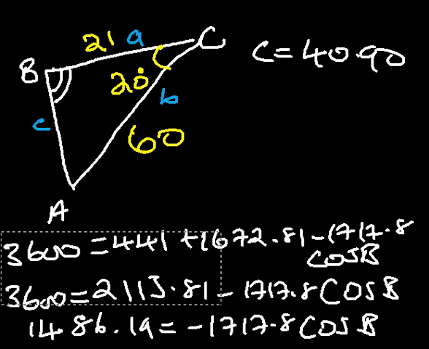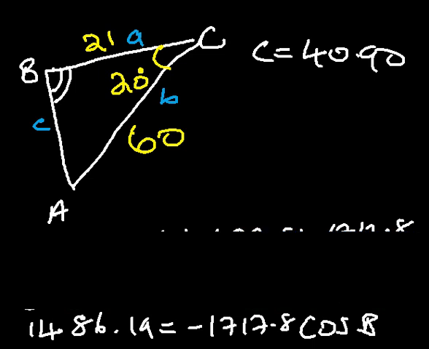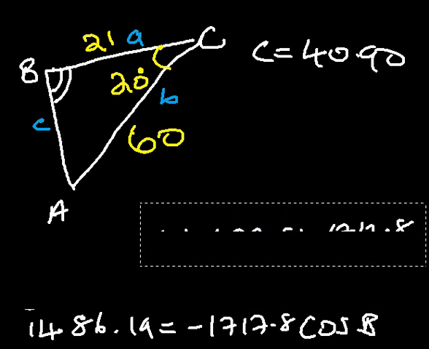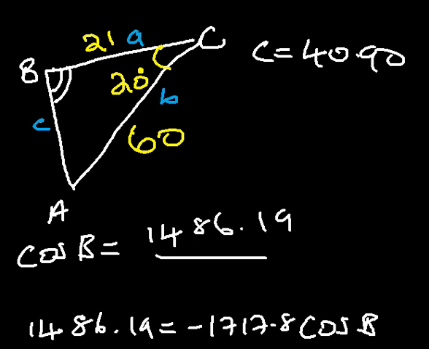Then what will go next from there? I'll have to divide both sides by negative 1717.8. Which means cos of angle B is equal to 1486.19 divided by negative 1717.8.